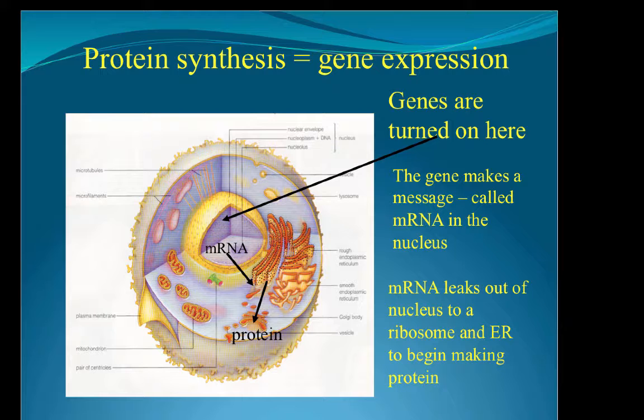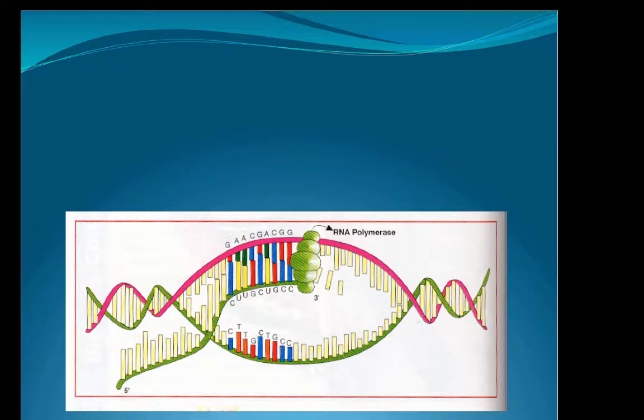So when we think about this on a cell basis, genes are going to be turned on within the nucleus. The gene is then going to make a message called messenger RNA, and that messenger RNA is also going to be produced in the nucleus. But before messenger RNA can be translated into protein, it has to be transferred out of the nucleus to the endoplasmic reticulum, where the protein is then going to be made.